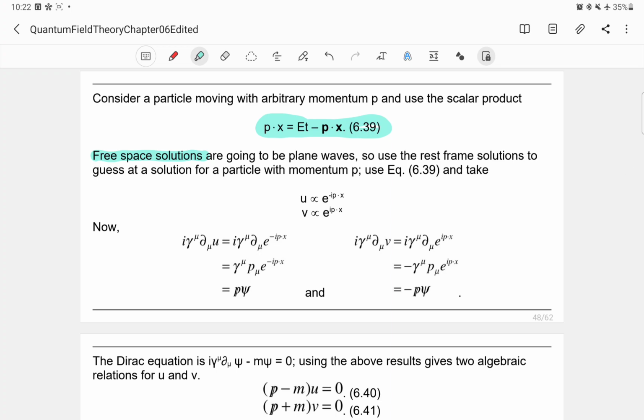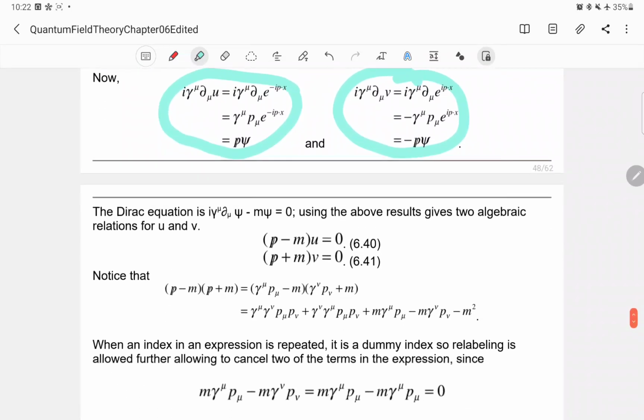So use the rest frame solution to guess at a solution for a particle with momentum p, and use this one here. So we will have for u and v, for particle we have this, and for antiparticle we have this. If we use the Dirac equation again, you will be able to get this for particle and this one for antiparticle. And if you get the product of this, this will just be equal to that one here.